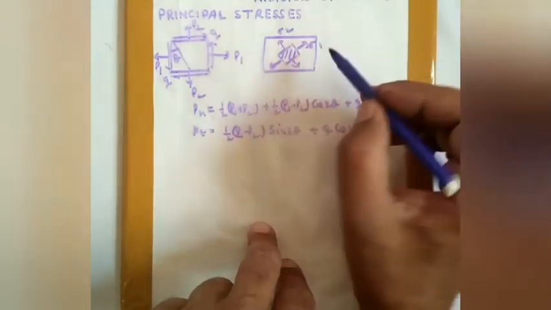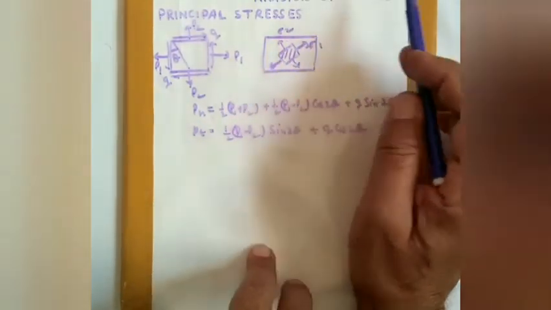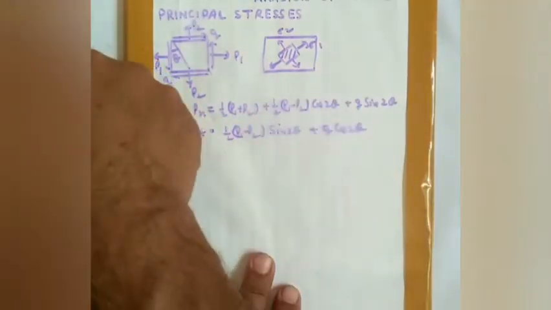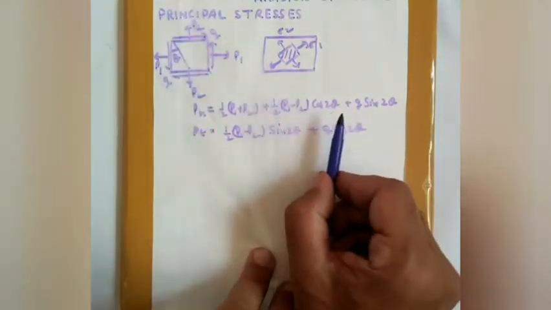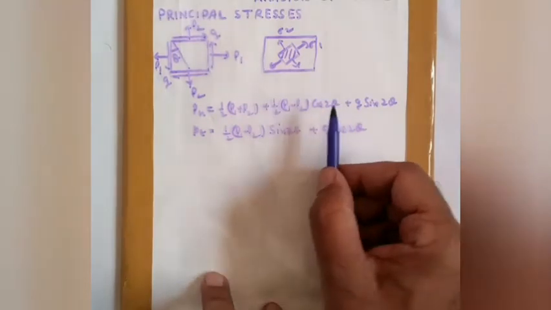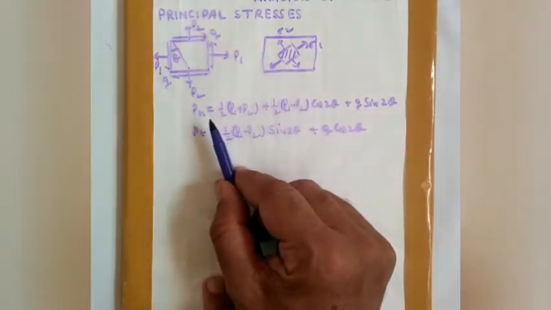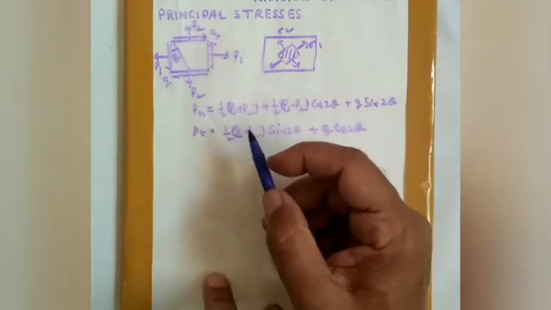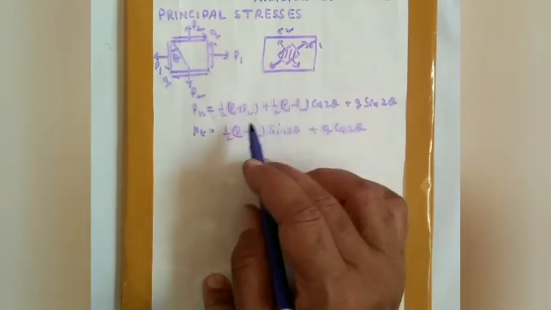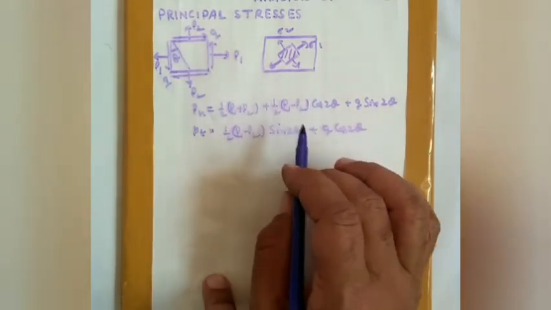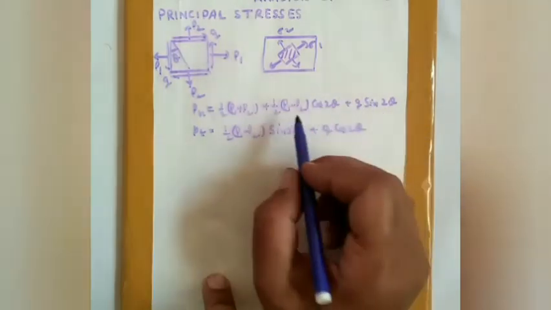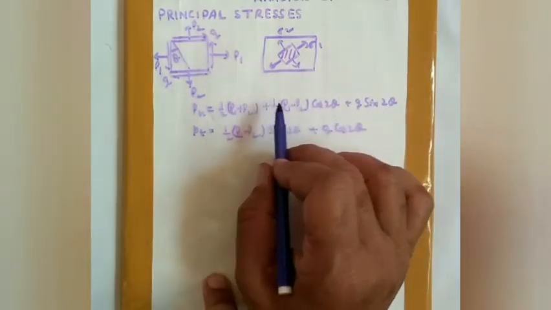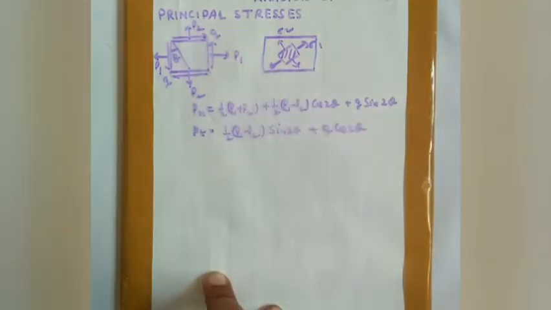In order to obtain the values of sigma 1 and sigma 2, we have to maximize this expression, which can be done by differentiating Pn with respect to theta and putting dPn by d theta equal to 0, which will give us the value of theta for which the stress would be maximum and minimum.